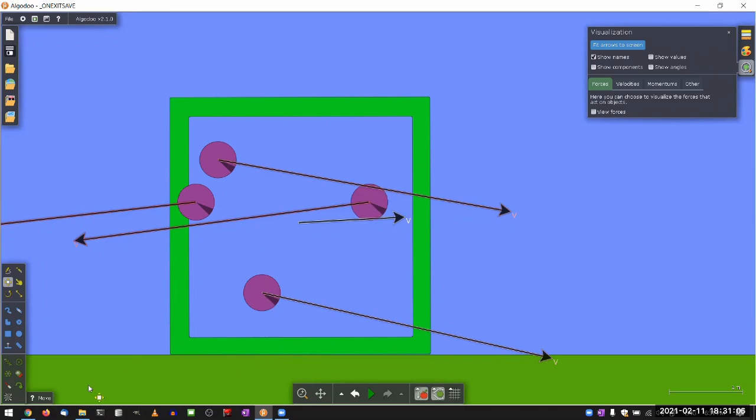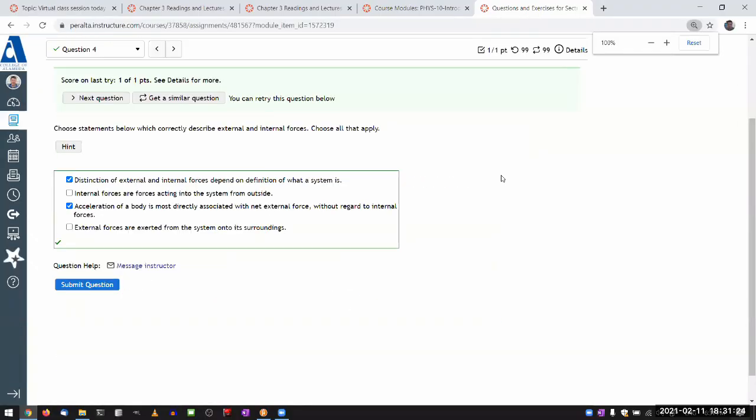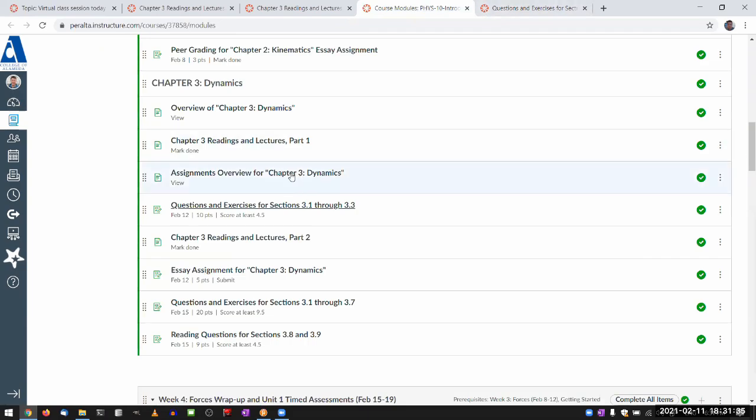Now, understanding this distinction and how it connects to Newton's third law is important, because I say this enough times in multiple different places: Newton's third law is the most often misunderstood of Newton's laws, and that's why I ask you these two questions that I've seen people struggle with.